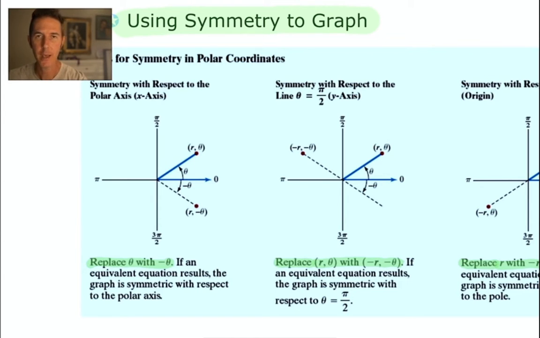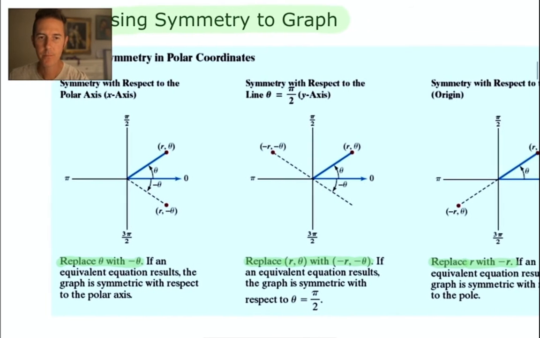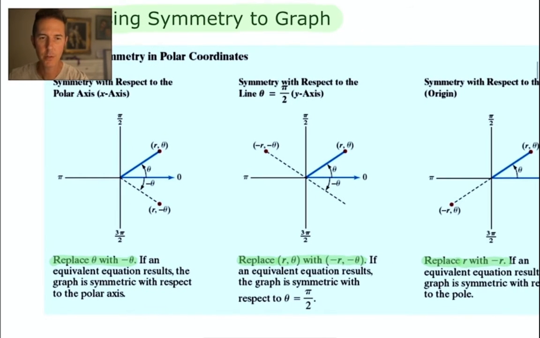So if you can make the substitution and then convert the equation back to be identical to the original, then the graph is going to exhibit that kind of symmetry. If an equivalent equation results, the graph is symmetric with respect to the polar axis.